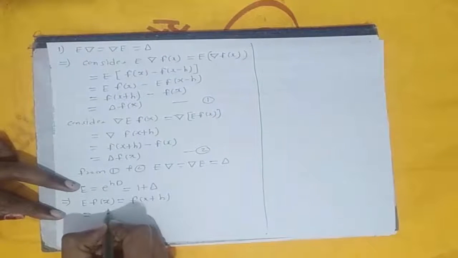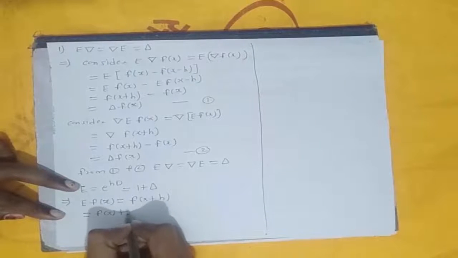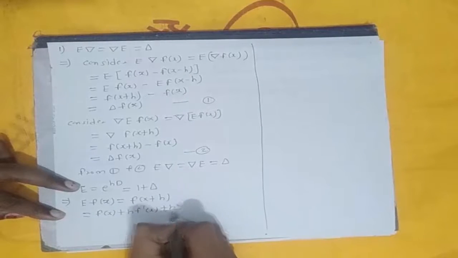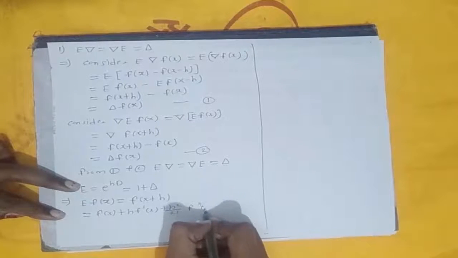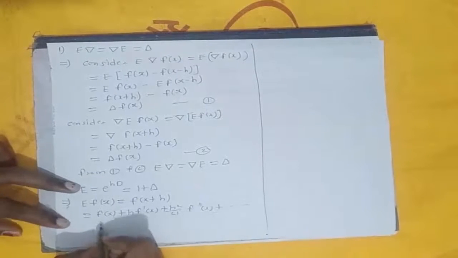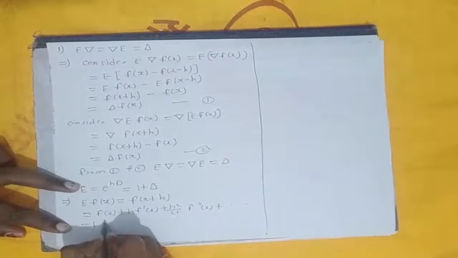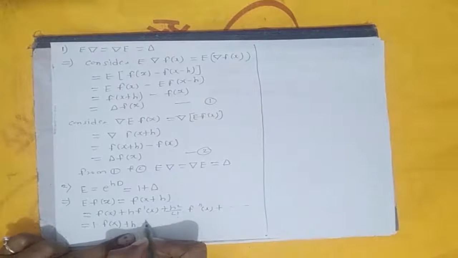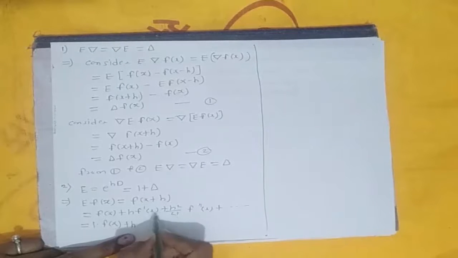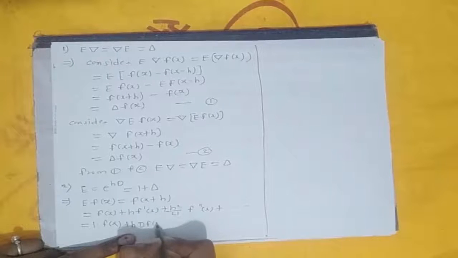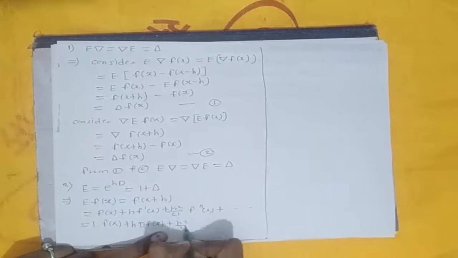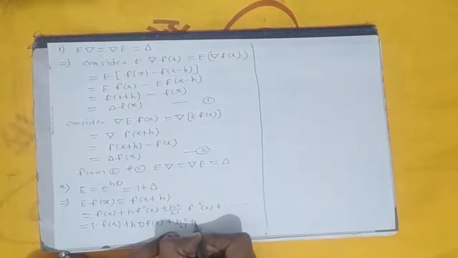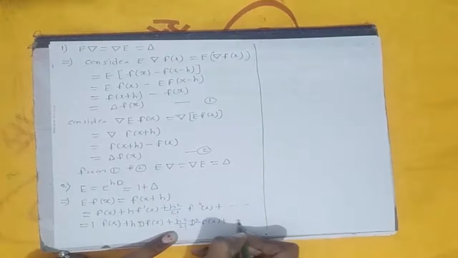We get f of x plus h into f dash of x plus h square divided by 2 factorial into f double dash of x plus up to so on. So we can write 1 into f of x plus h, where f dash of x is the derivative of f of x, which we write as D f of x, again h square by 2 factorial f double dash of x, that is the second derivative of the function f of x, which we write as capital D square f of x, plus up to so on.